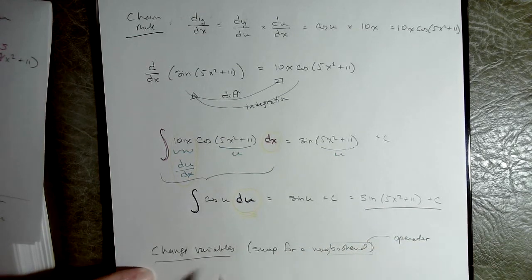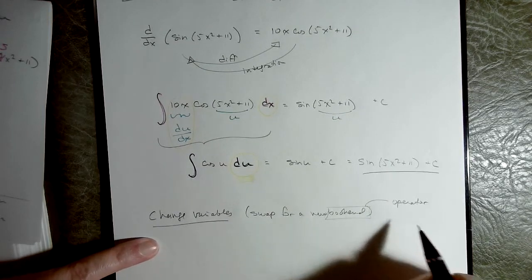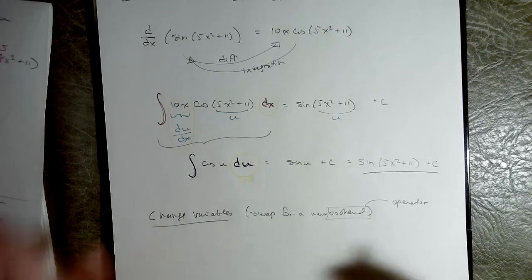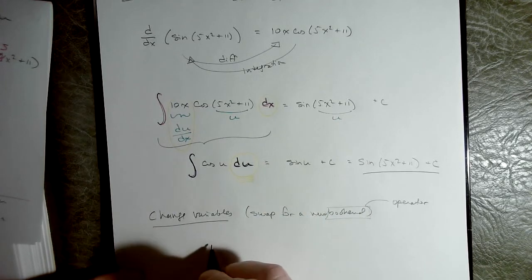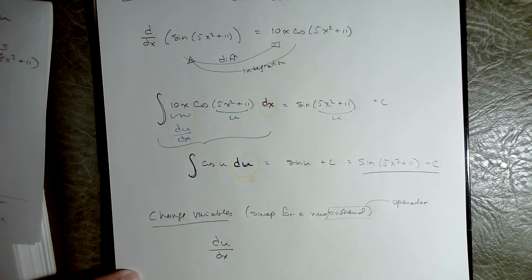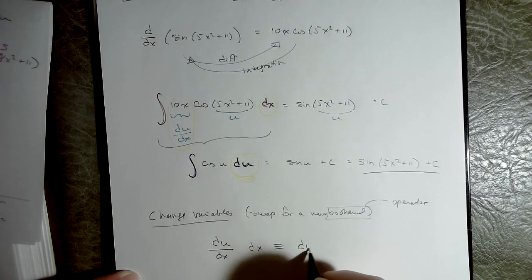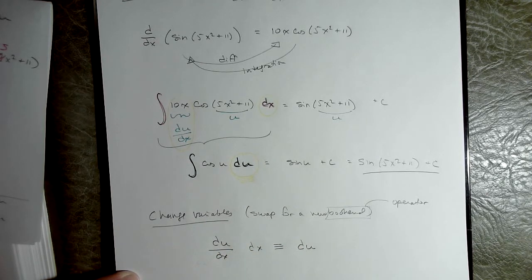Okay. We change variables in our integral, swap out for a new operator, a new bookend, by the following relationship. The derivative of u with respect to x along with that little dx bookend is going to be equivalent to a du bookend.